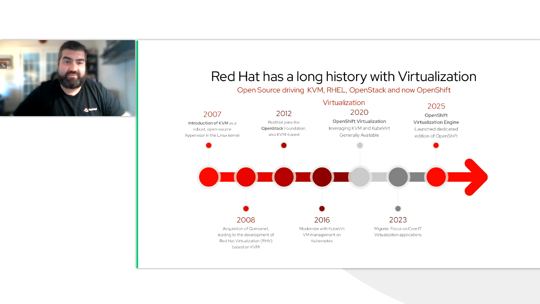As the product advanced, you can see several important steps along the timeline, from when Red Hat joined the OpenStack Foundation, which was also KVM based, to the KubeVirt project, which first came out bringing virtualization to Kubernetes in 2016, almost a decade ago, to the actual introduction of OpenShift virtualization 5 years ago.